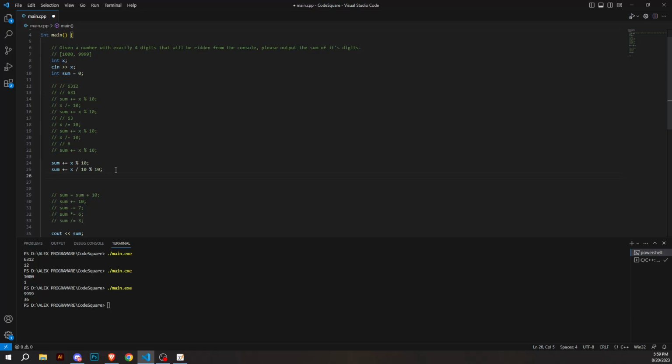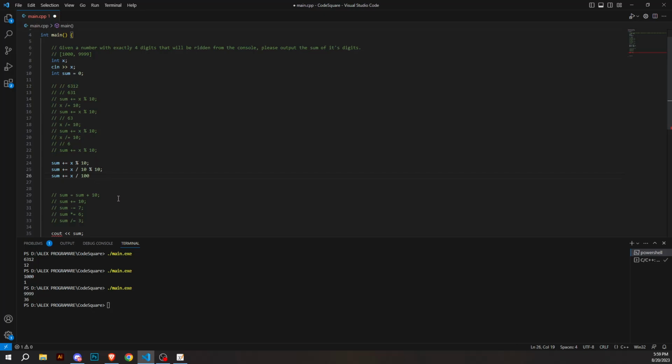For the next one, we are going to do sum plus equals x divided. Keep in mind, x has never changed now, okay? X has the same value, so we need to divide it by 100, to get rid of the last two, and then get the last one.